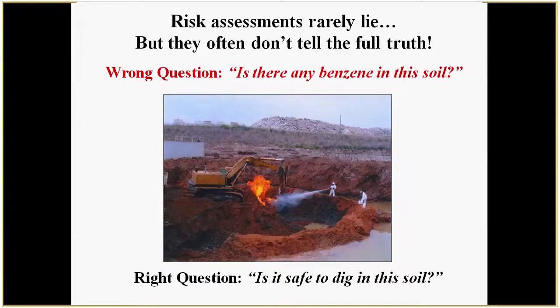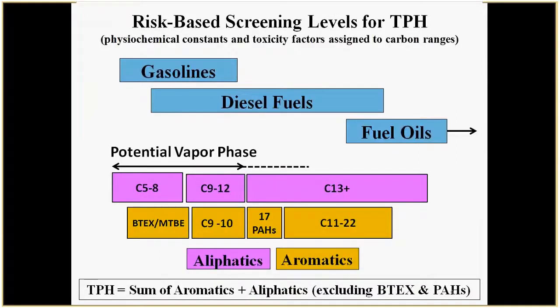So how do you address this problem? We started 20 years ago developing risk-based screening levels for TPH. And this is done, as we discussed, by splitting petroleum hydrocarbons up into five or six different carbon ranges, as we call them: aliphatics, aromatics. We assign physiochemical constants and toxicity factors to each one of these carbon ranges.